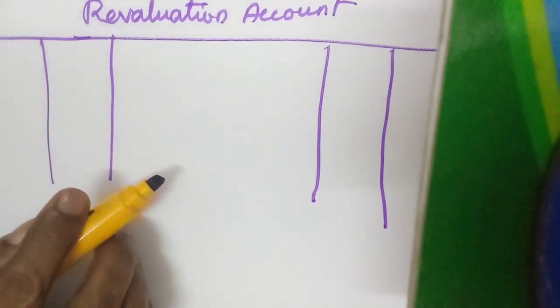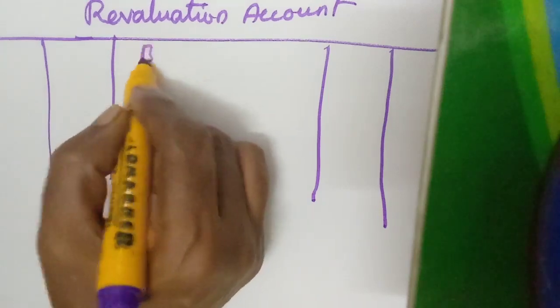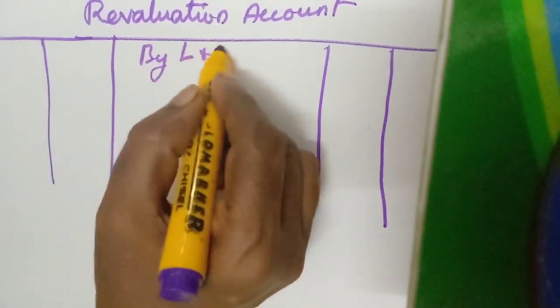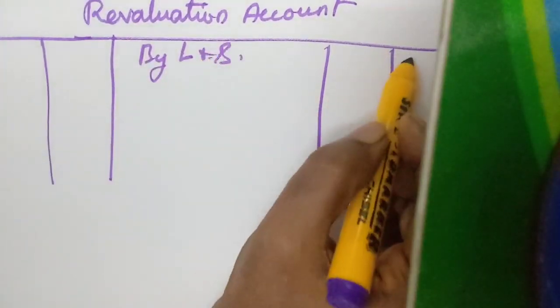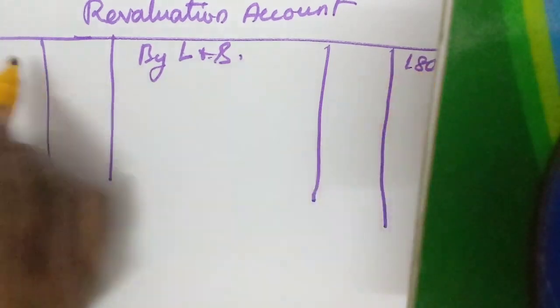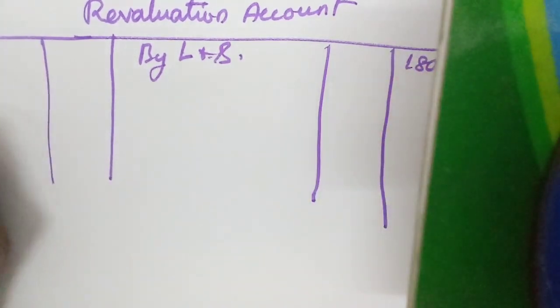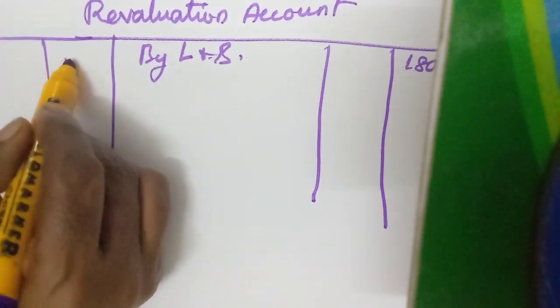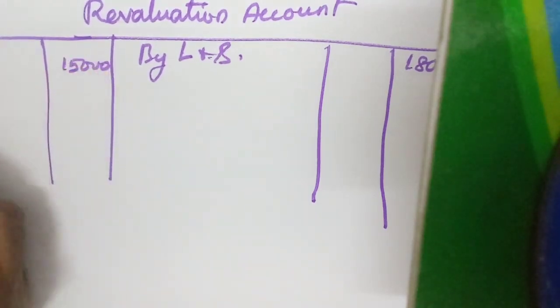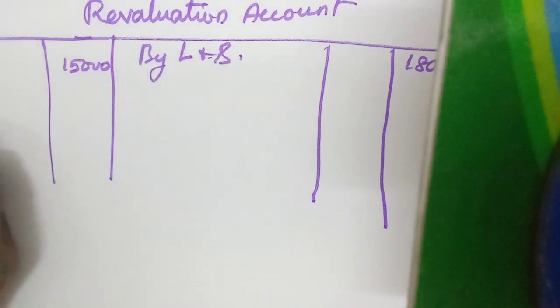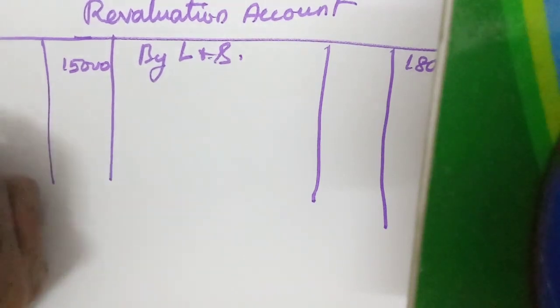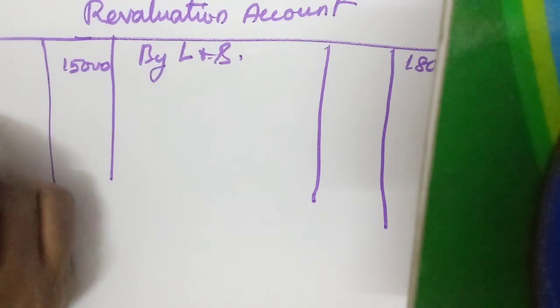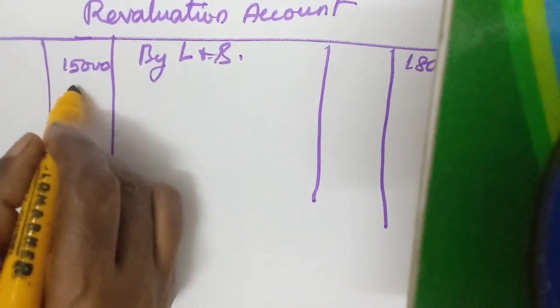Now we have to show the revaluation account. First one, land and building. By land and building. You write fully, okay? 18,000. Then 2, machinery, 15,000. Provision for outstanding expense, 8,000.